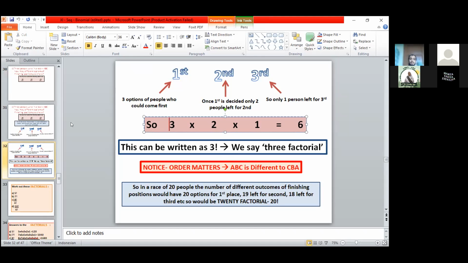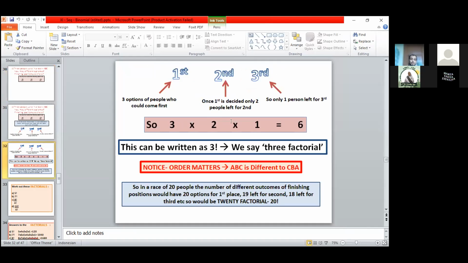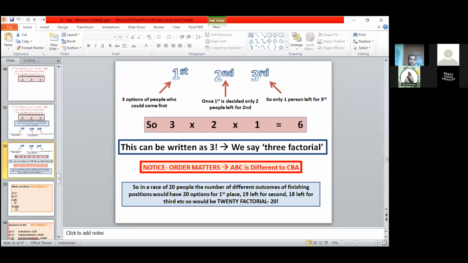So in this example, we have 3 people racing, and we want to find the order. Kita mau mencari urutannya dari 3 orang, ada berapa kemungkinan? Karena ada 3 orang, kita kalikan 3 kali 2 kali 1. 3 kali 2 kali 1 sama dengan 6, sesuai dengan yang tadi, ada 6 posisi. 1, 2, 3, 4, 5, 6. So there are 6 possible positions.